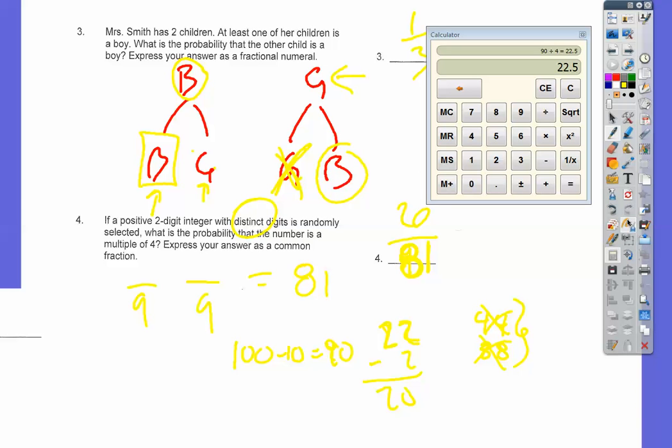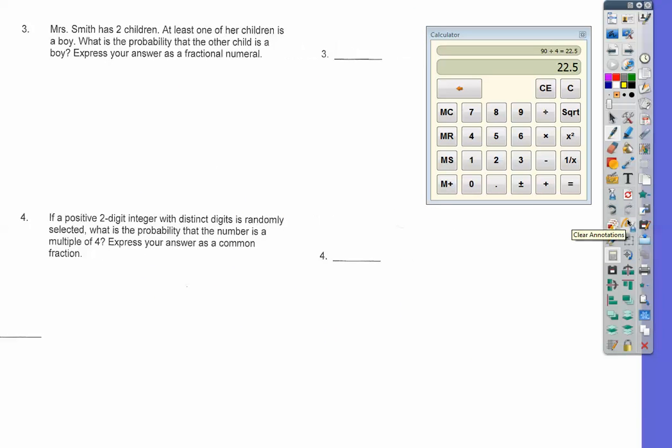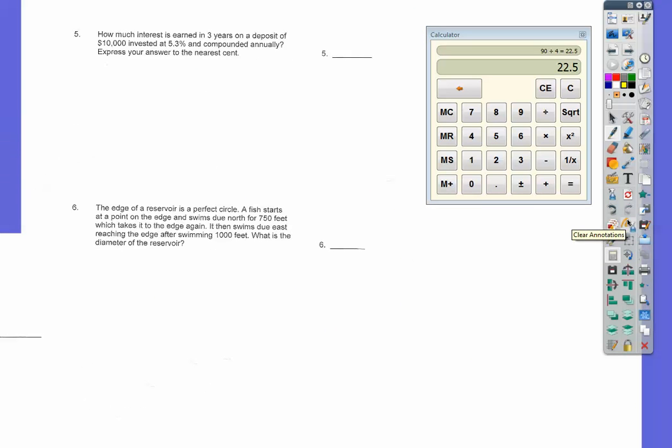All right, last one. How much interest is earned in 3 years on a deposit? Okay, so here's the deal. If I have a graphing calculator, I use an exponential equation. So I say that y is equal to a times b to the x power, where a is the principal, b is the growth factor.